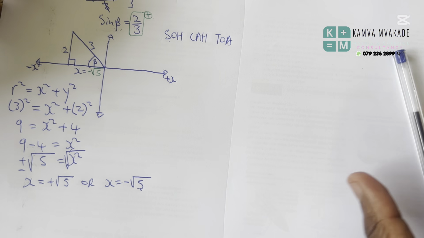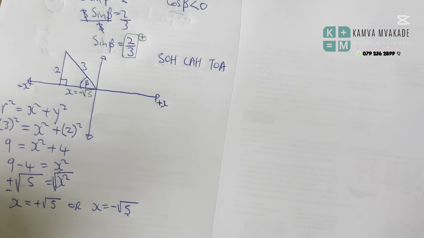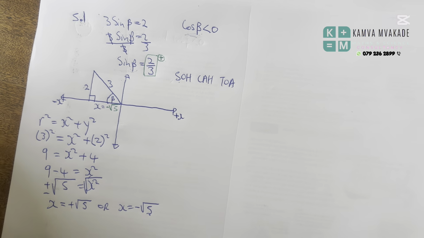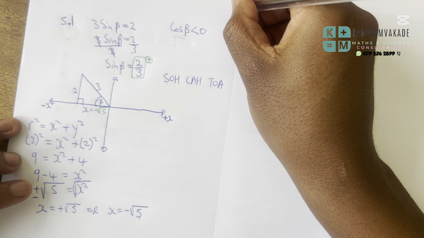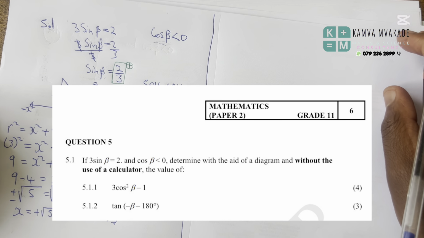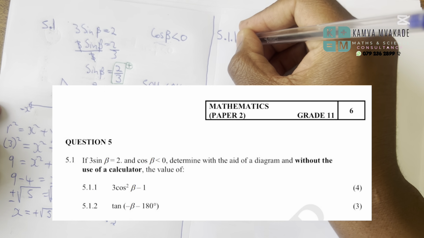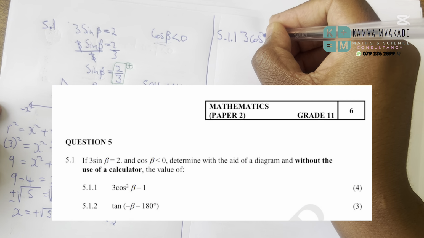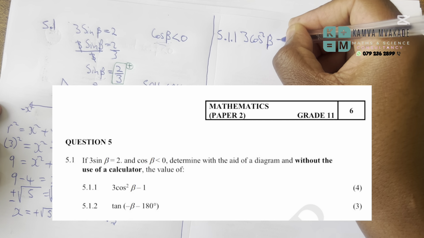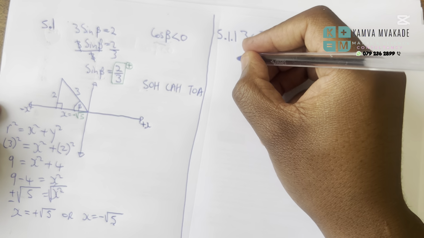Now from there we can start answering our question, which is 5.1.1. With 5.1.1, we have 3 cos squared beta minus 1.